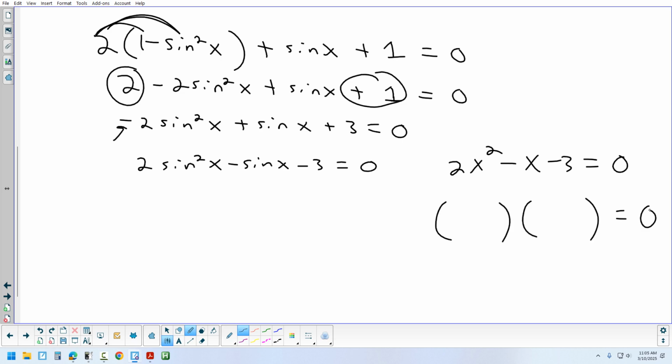This is the kind of factoring where you're going to get 2 terms. What's going to be my first term in each set of parentheses? A 2x and an x.